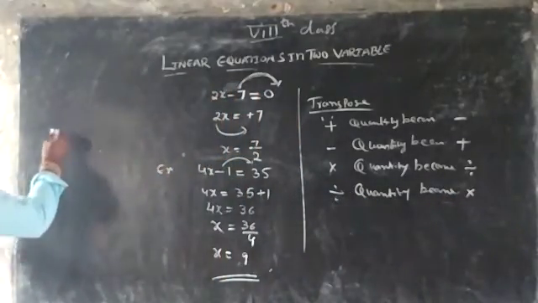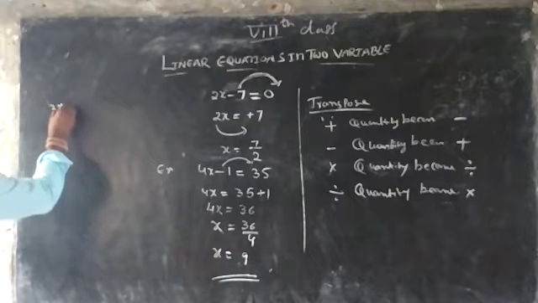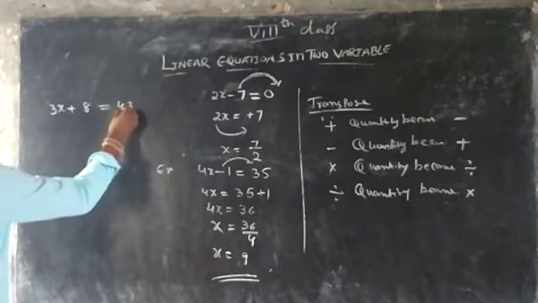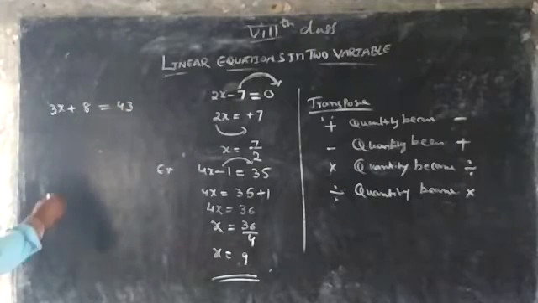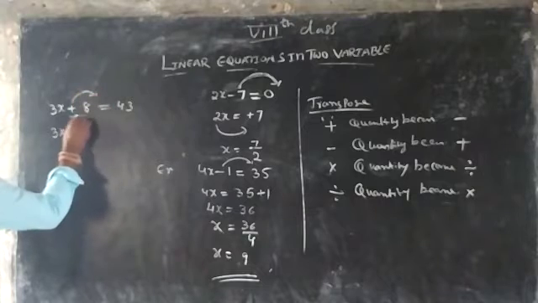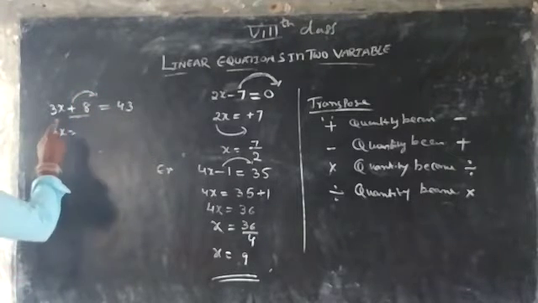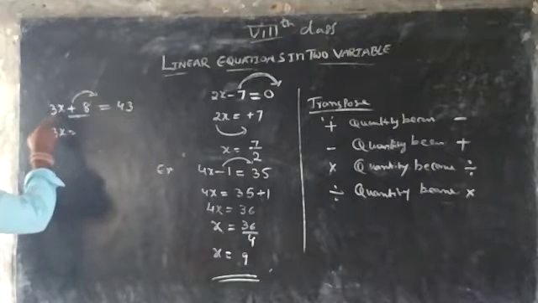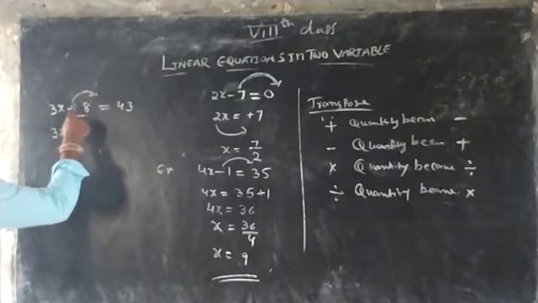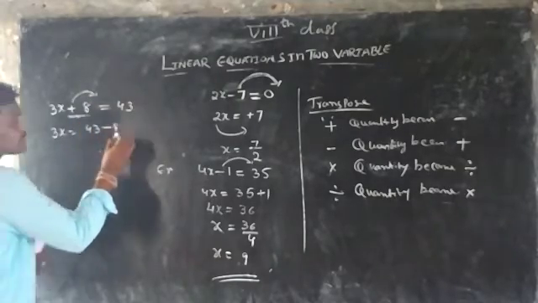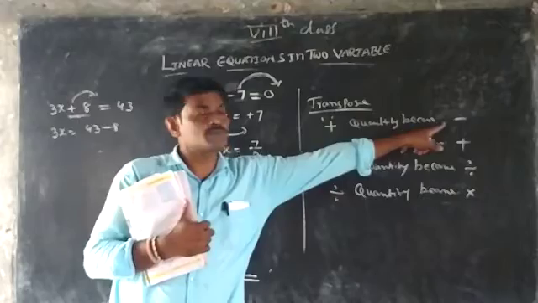Example, suppose 3x plus 8 is equal to 43. Therefore 3x is equal to 43 minus 8 on the RHS side. First plus and minus, after that multiplication and division. First, plus 8 changes to the RHS as minus 8, since a plus quantity becomes minus.